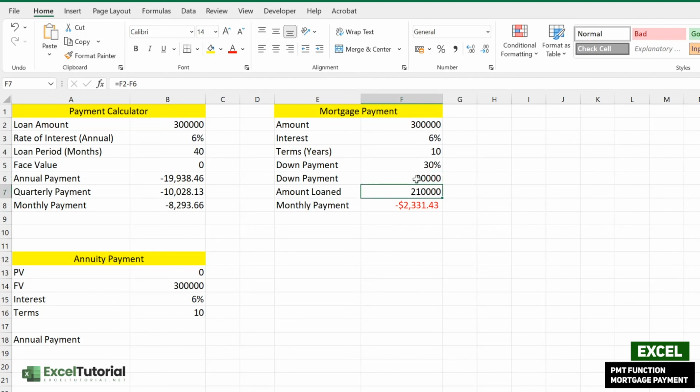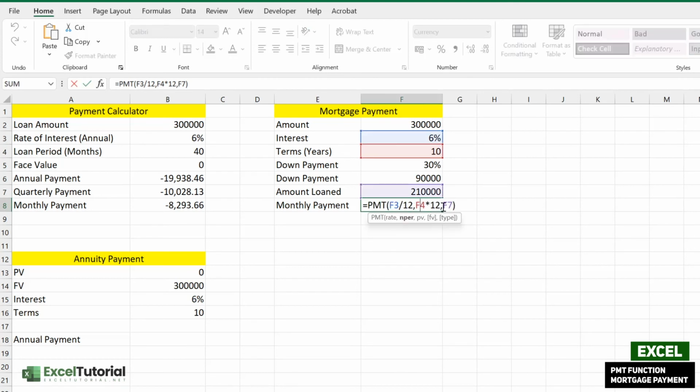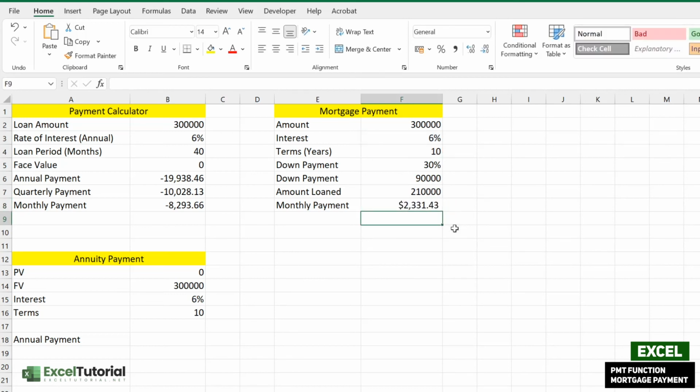If you want to make it a positive number: since a loan represents money owed, and money owed is a cash outflow, that's why it's a negative amount here. But if you want to make it positive, you can just put a minus sign operator here, and it makes it positive.